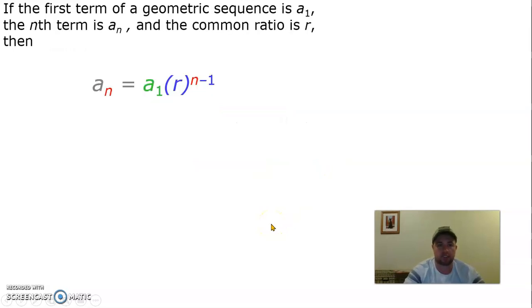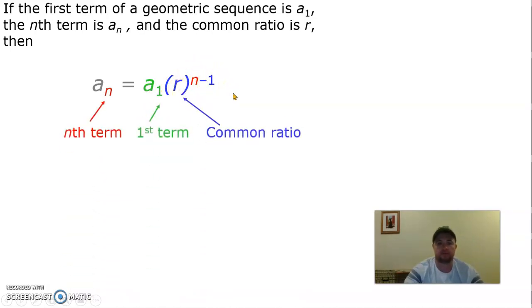Let's see what that looks like. So, a sub n. I keep saying a to the n and I'm wrong. A sub n. Any number is the first number times the ratio to the n minus 1. So we have our nth term, this is what we're looking for. We have our first term.